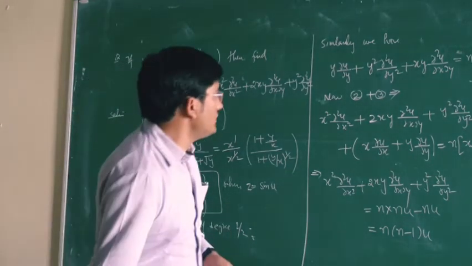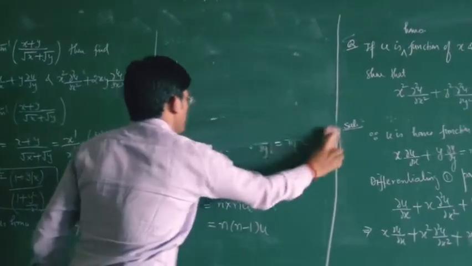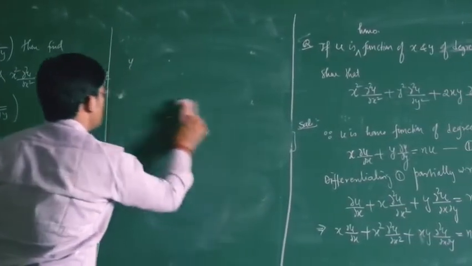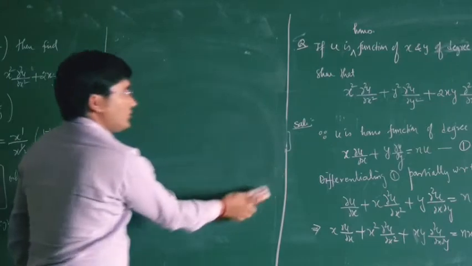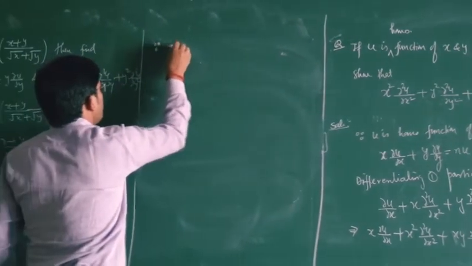Now as z is homogeneous, so we can use Euler theorem for z.